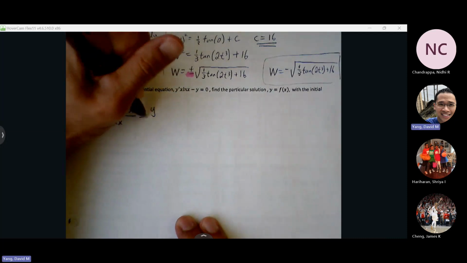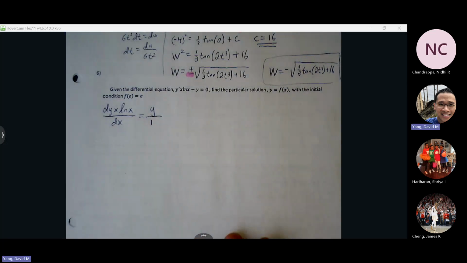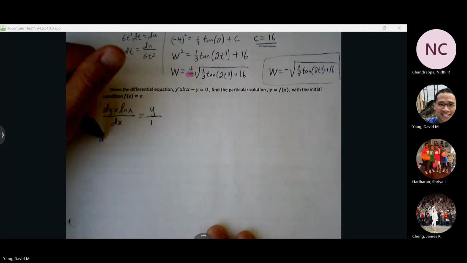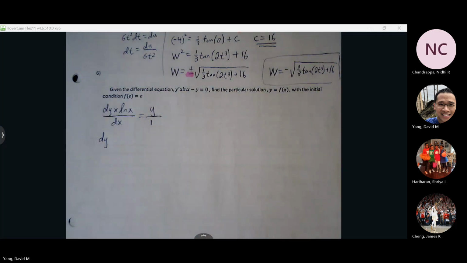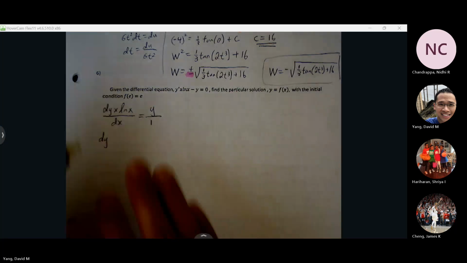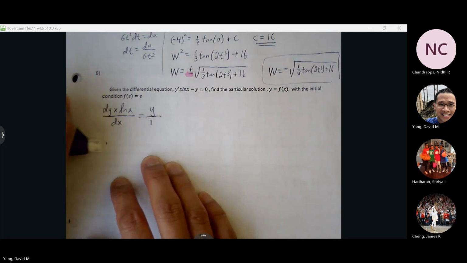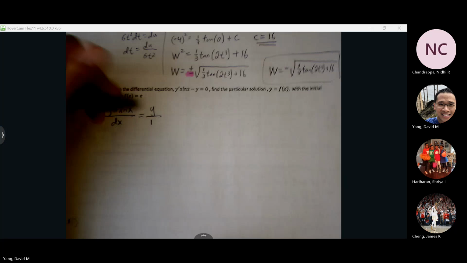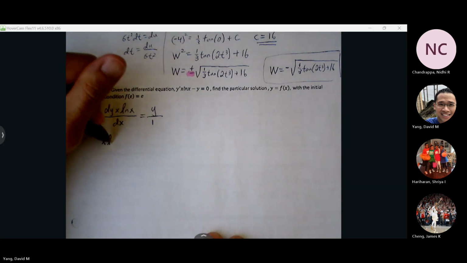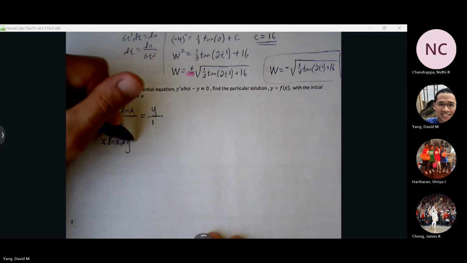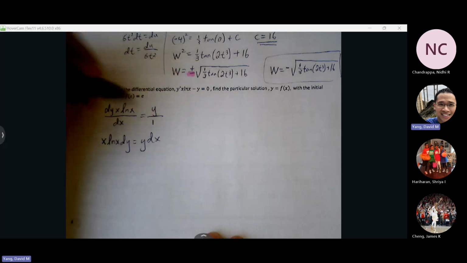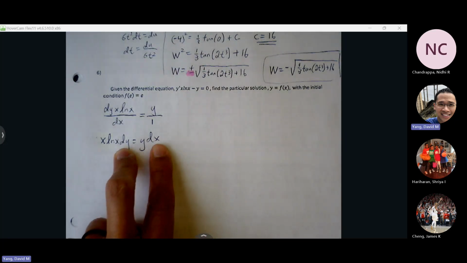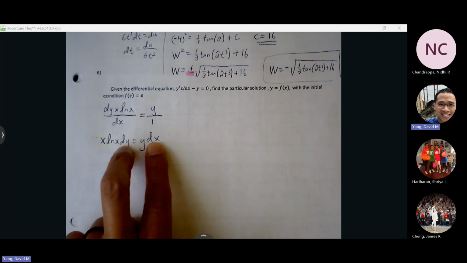I'm going to go ahead and move that y to the right side so I can prepare for cross multiplying. So my first goal is make sure that I get my dy and dx lined up. I want my dy on the left, dx on the right.